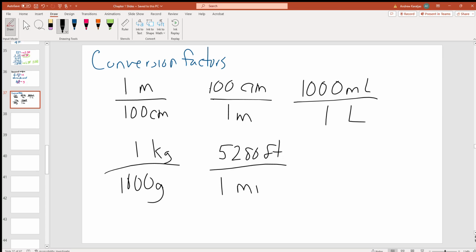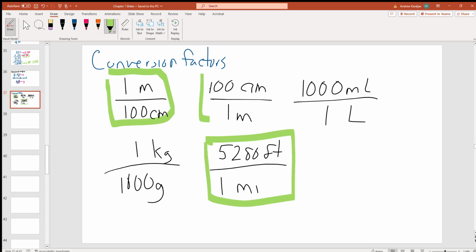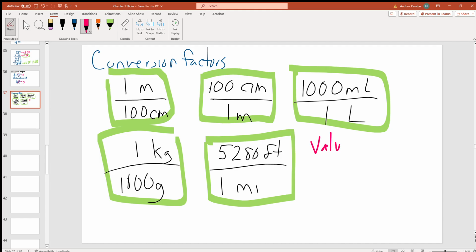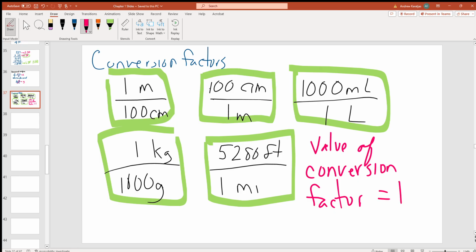We can multiply any number that we have by one of these conversion factors because these quantities, even though they're different units, are all equal. And because they're equal, the value of the conversion factor is 1. So 1 meter is the same as 100 centimeters.